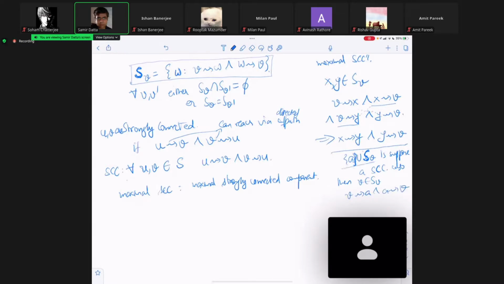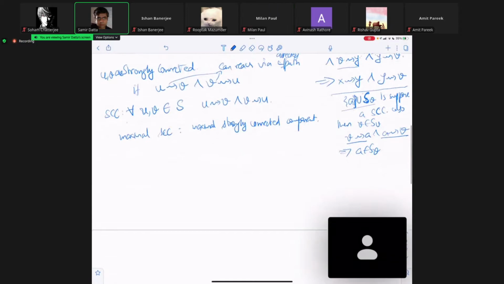Because this is an SCC, there is a path from V to A and A to V, which means that A belongs to SV already. So therefore this contradicts that A was not in SV. So it's maximal.